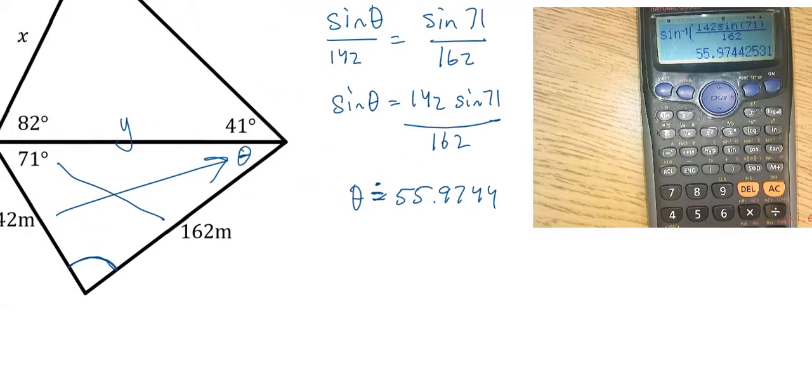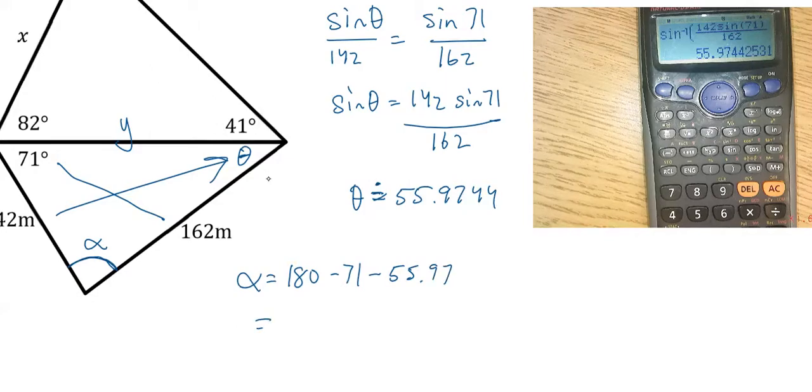You can use whatever variable you want, I'm going to use alpha. That's an alpha symbol, another Greek letter that we often use. And so for alpha, it equals 180 minus 71 minus that 55.97.